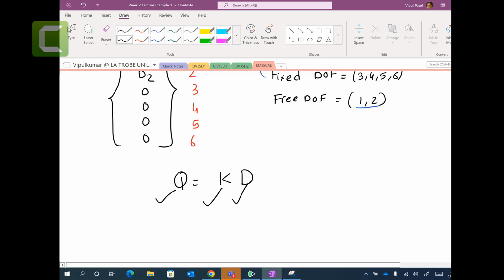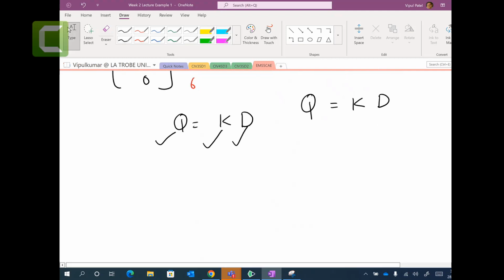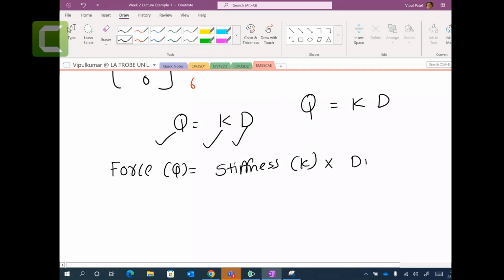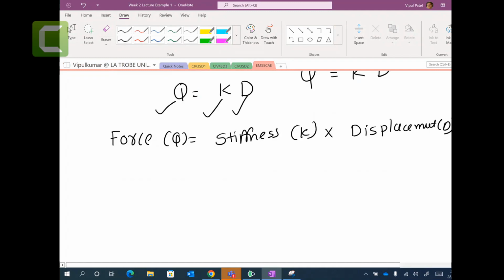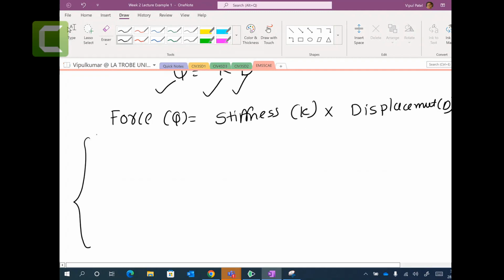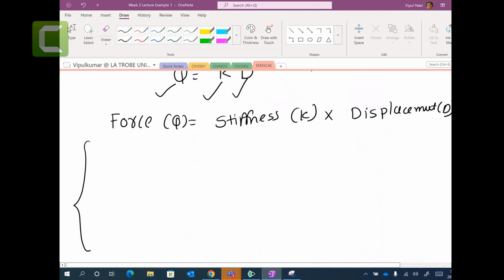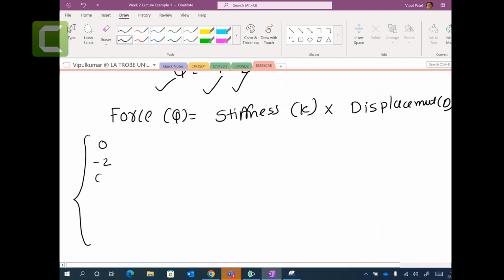So all the students are in a position to get Q, K, and D. Once you know these, we can use this relationship, which is force Q equal to stiffness K times displacement D. Now we can substitute the values, where Q is 0 and -2, Q3, Q4, Q5, and Q6.